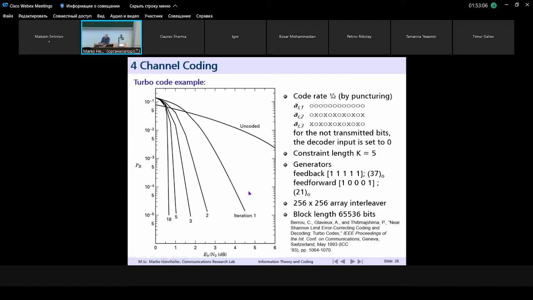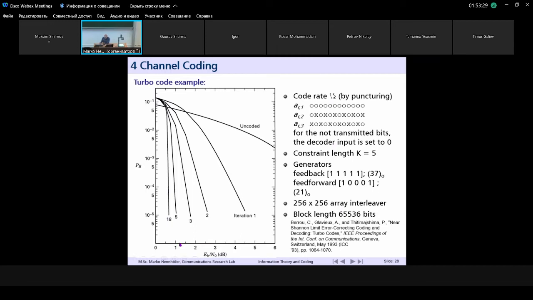So still fairly high bit error probabilities for a given signal to noise ratio. Whereas if we start increasing the number of iterations, 2, 3, 5, 18, you see these bit error rate curves get quite steep. Code is very powerful there.